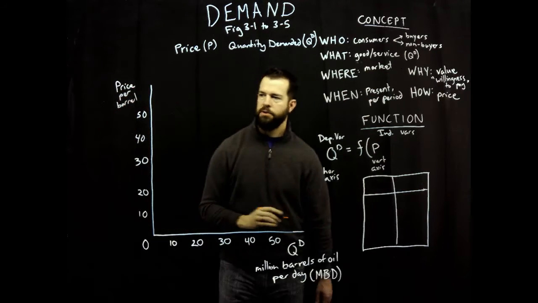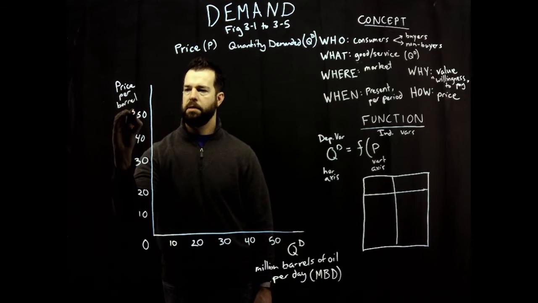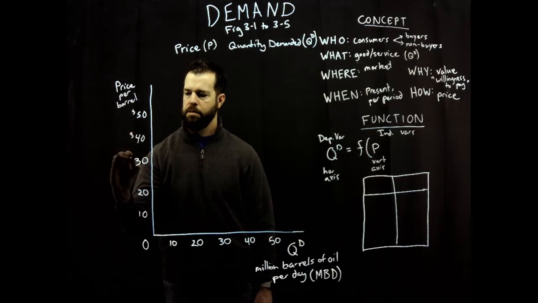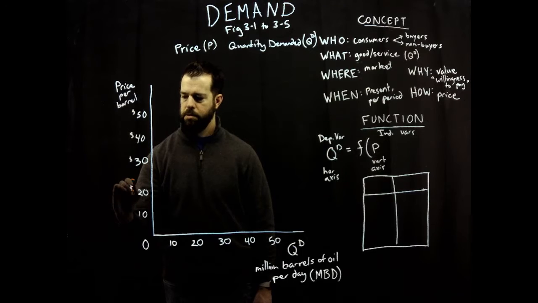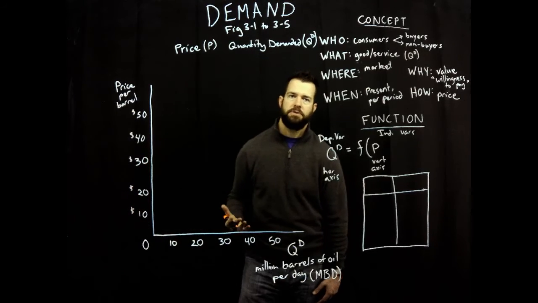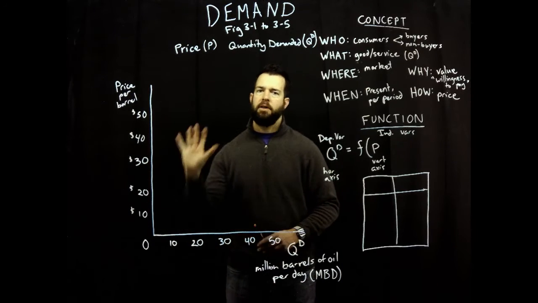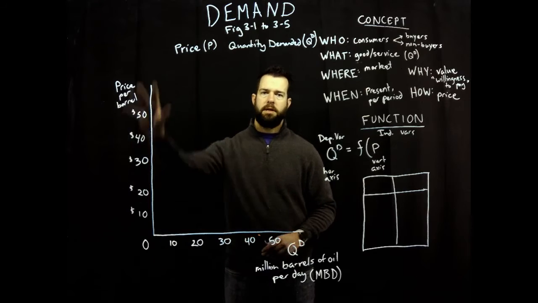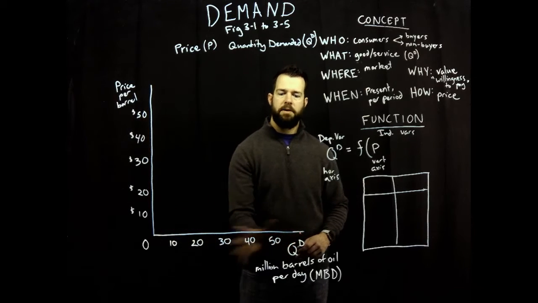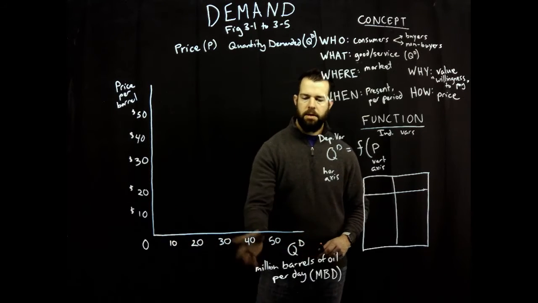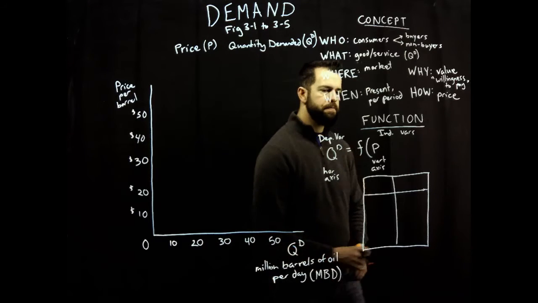Okay. So you now know that all these tick marks have dollar signs. And this will be the case for the rest of the semester: when you're looking at graphs, dollar values are going to be on the vertical axis and quantity values are going to be on the horizontal axis.